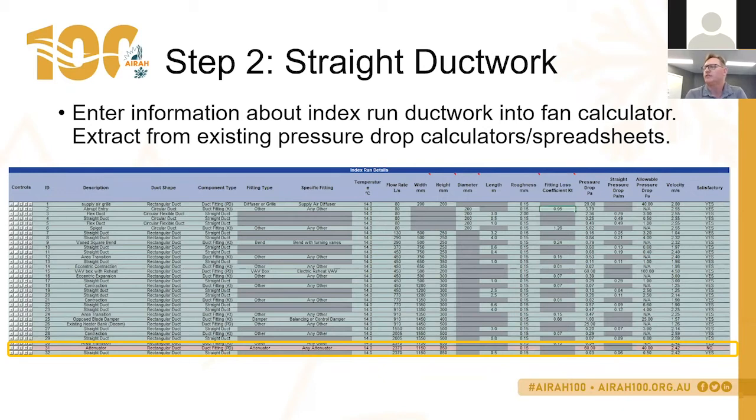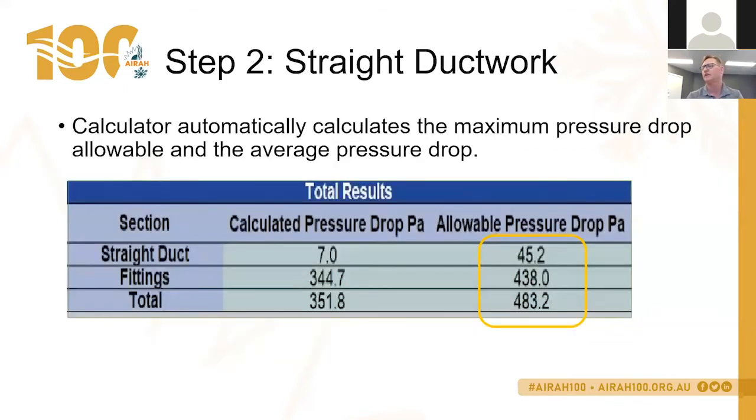So here's the straight ductwork calculation. As you can see, some of the fittings were not compliant, so they show up in red. Most of the fittings and straight ductwork and everything is all green. So from a component-based approach, most of it showed up to be compliant. When we look at the next slide, you can see that the calculated pressure drop for the straight duct and fittings total ended up at the 351.8 as mentioned before, and under the code the allowable pressure drop is 483.2.